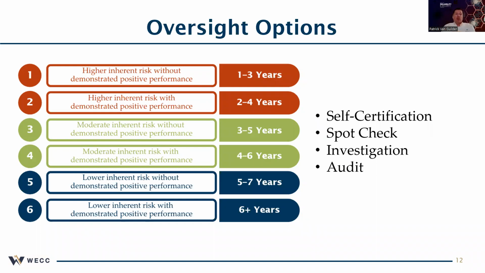And then for each one of those, we will look at whether or not they've had demonstrated positive performance. And then it gives us a range for monitoring intervals. So let's see how Orco and Sun Bear were assessed and how we're developing their oversight plans.